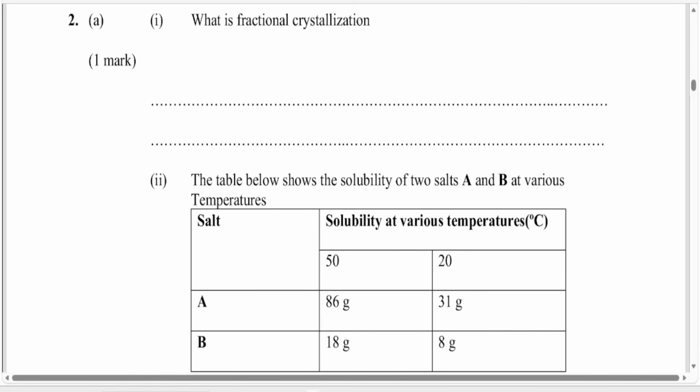But these two salts should have different solubilities in the solvent at a given temperature. So fractional crystallization is the process of separating two or more crystalline salts based on differences in their solubility in the same solvent at given temperatures.